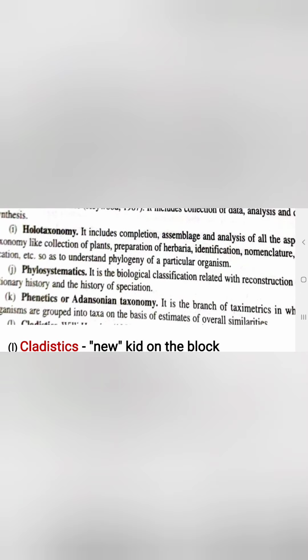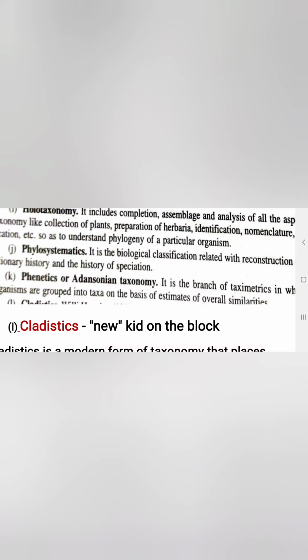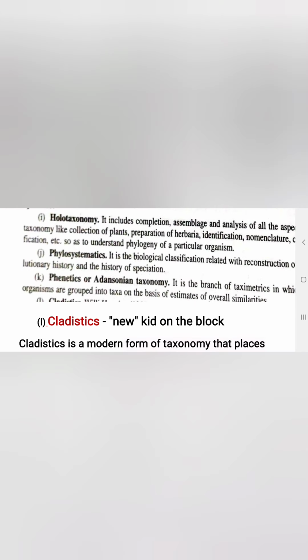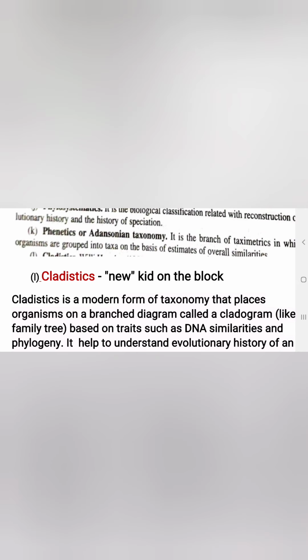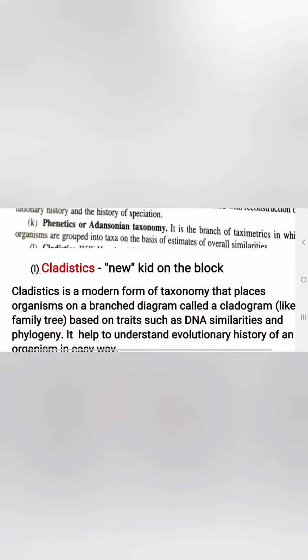In holotaxonomy we start from the field and collect all the similar characters, and then place an organism into a particular evolutionary lineage and decide its classification, while in phenetics we consider overall similarities from all the above types of taxonomy. Next point is cladistics, again a type of taxonomy.